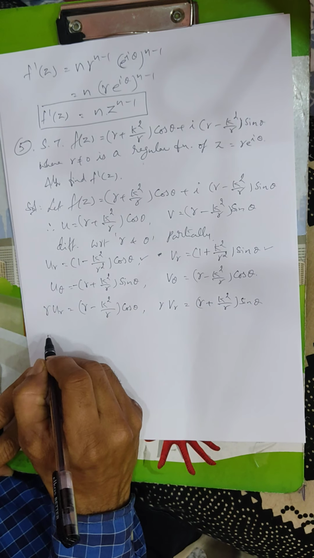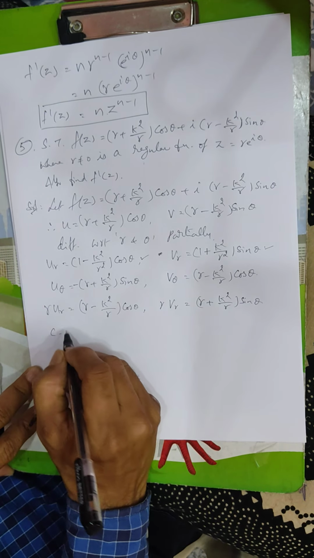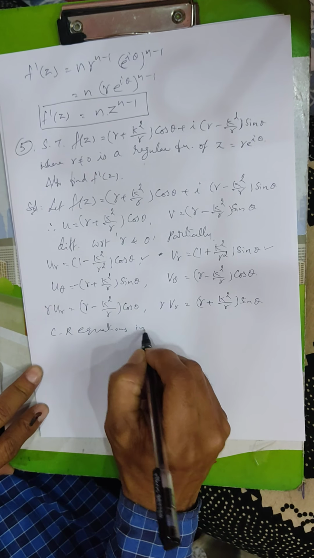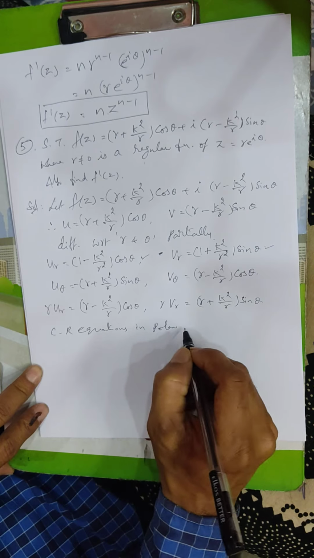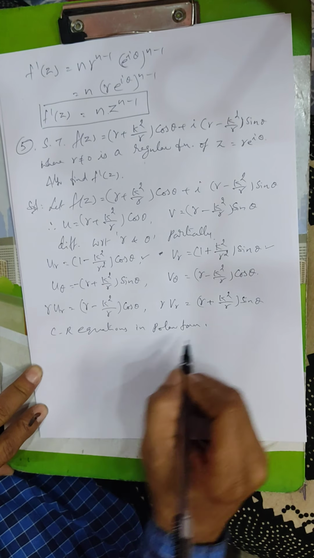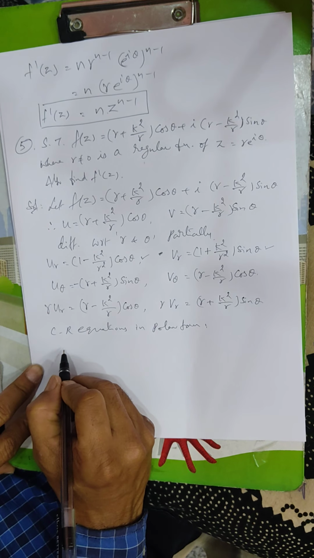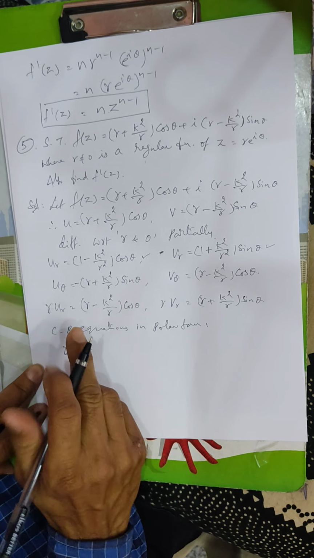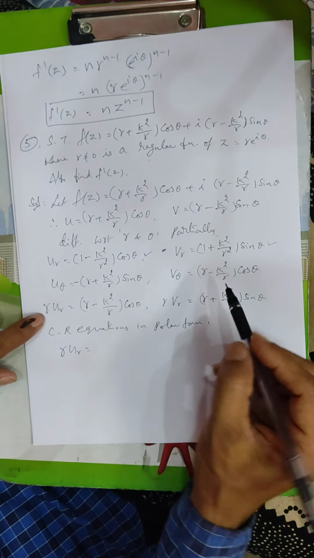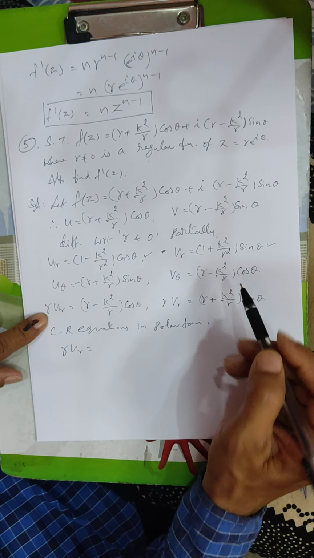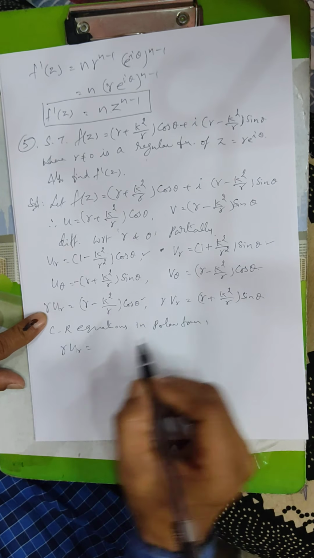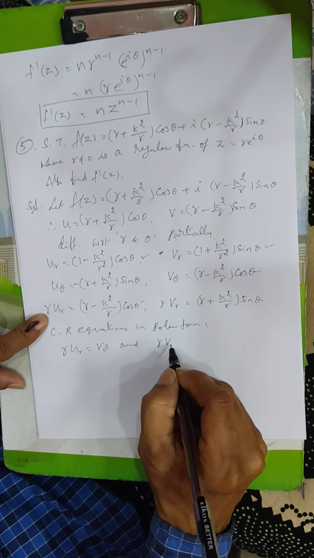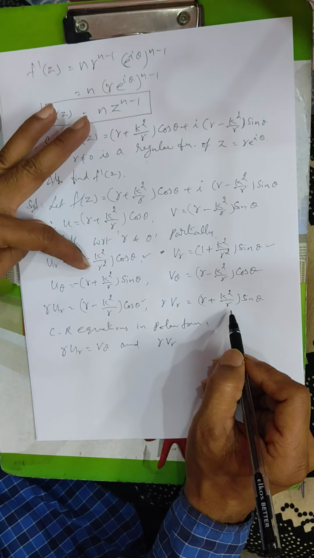Therefore the CR equations in polar form. What are the CR equations in polar form? r u r is equal to v theta, these two, r u r and v theta. And r v r is equal to minus u theta.